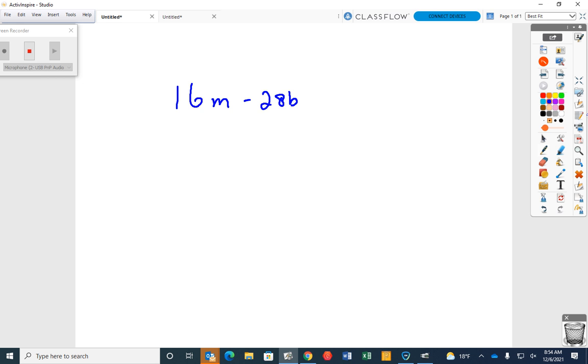What about 4? Do you think 4 can go into both of these? Yeah. Let's try 4. Okay. So Jace says 4. 4 times what gives me 16m? 4m. 4 times what gives me negative 28b?